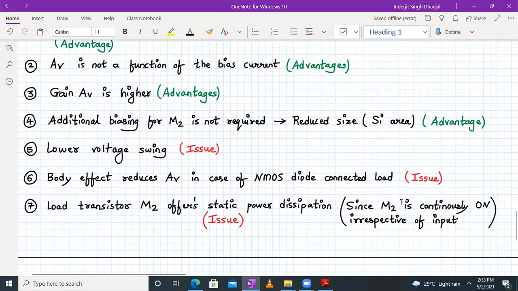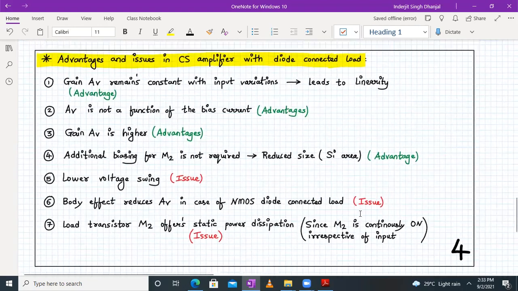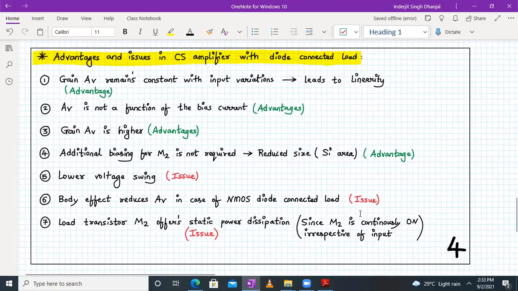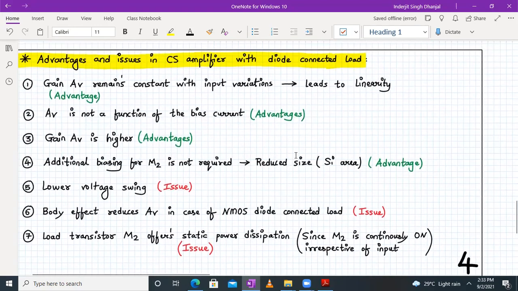That means since your M2 is continuously on, irrespective of the input, there will be static power dissipation, which is pretty bad when we are considering fabrication on an integrated circuit. Okay, so these are the points in favor of common source amplifier with diode connected load, and some points are hampering its performance. Fine, so I'll keep it steady onto the screen, you can have a look at it.